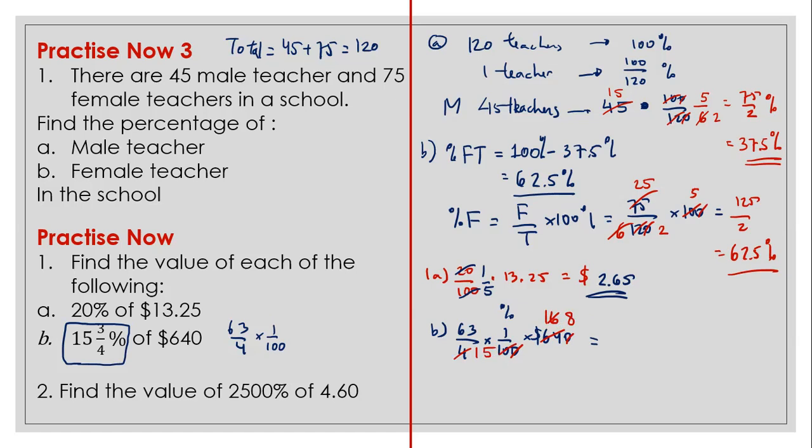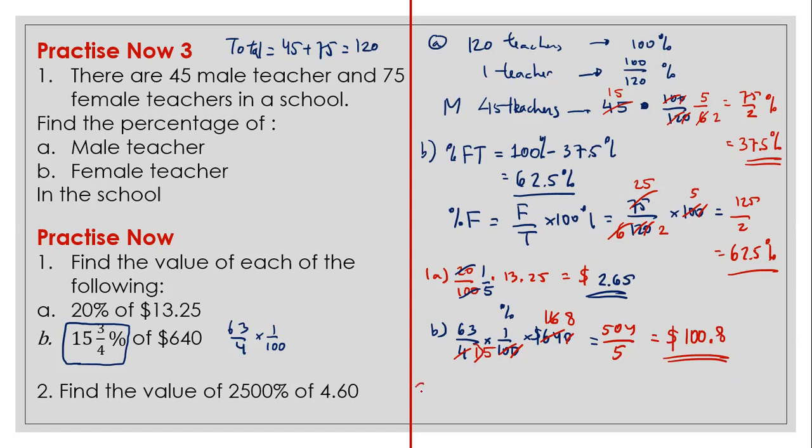63 times 8 is 504 over 5, right? Not 15, be careful, this is one. There you go. So 504 divided by 5 is $100.8. That's it for number 1B.